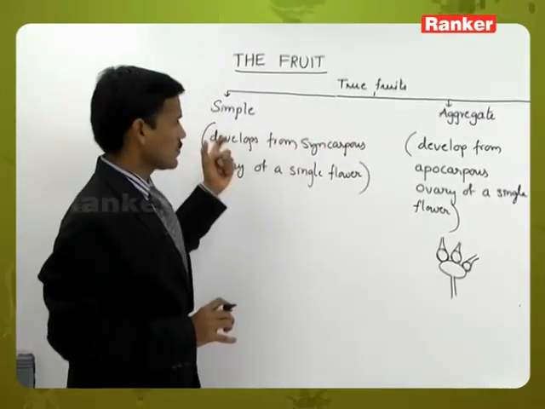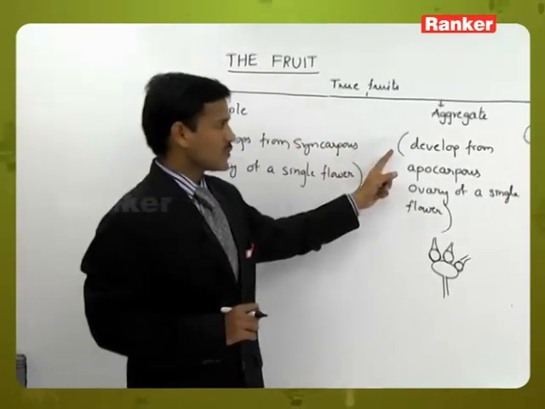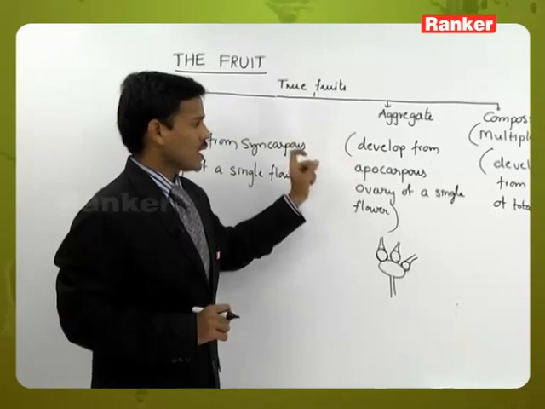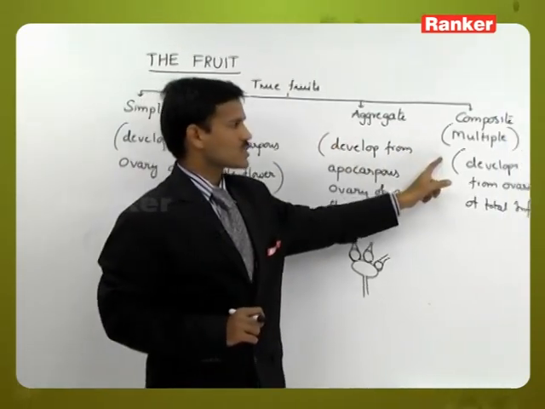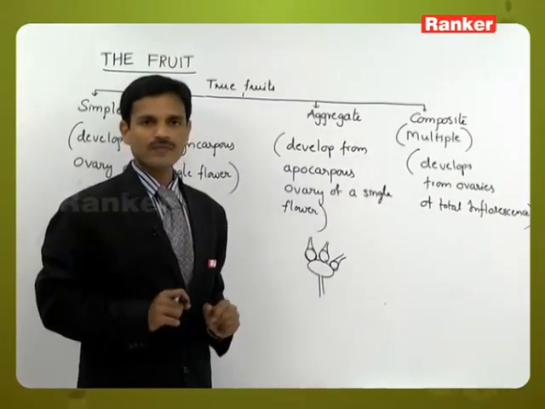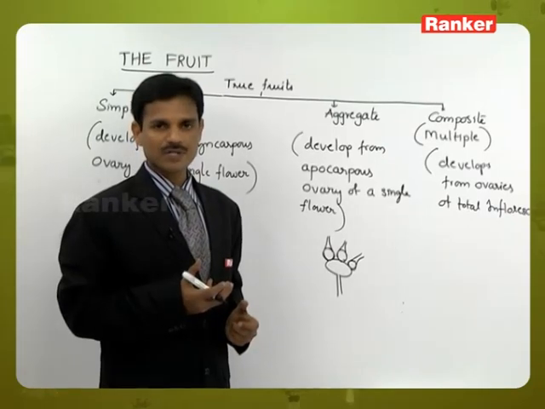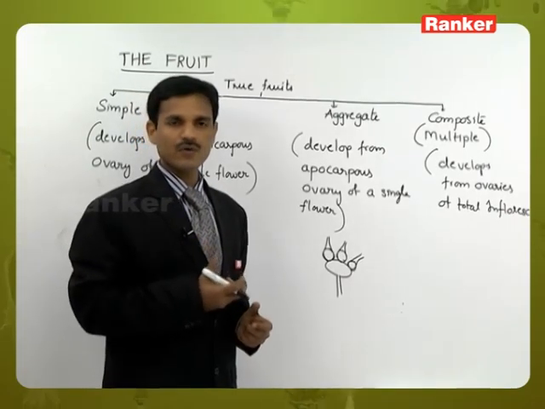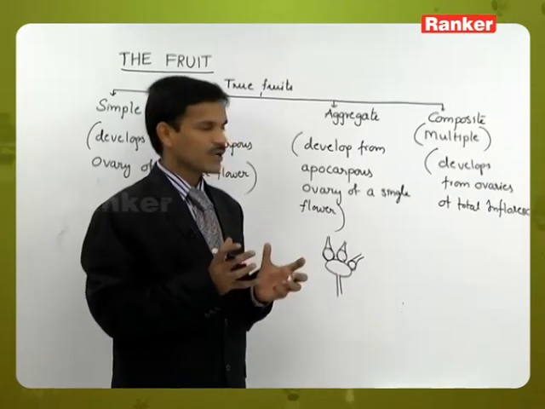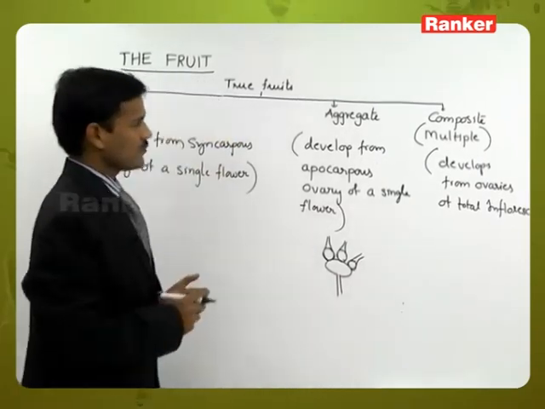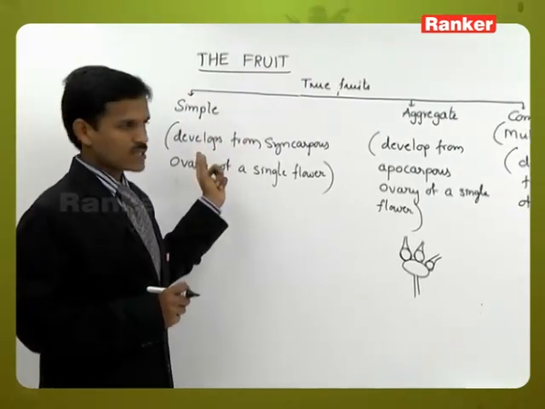Simple fruits develop from the syncarpous ovary of a single flower, aggregate fruits develop from the apocarpous ovary of a single flower, and composite fruits are multiple fruits developing from the ovaries of the total inflorescence. In the inflorescence, a number of flowers are present. Each and every flower has one ovary. After fertilization, all the ovaries develop into a single fruit. So these are the three types of fruits.